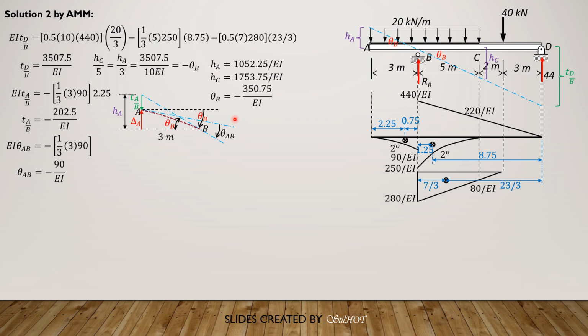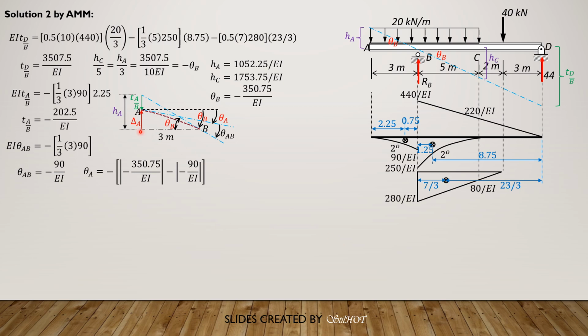So theta A is negative of absolute value of theta B minus absolute value of theta AB, which is this one. So 350.75 minus 90 over EI, then make it negative. Theta A is negative 260.75 over EI, just like the answer in double integration.